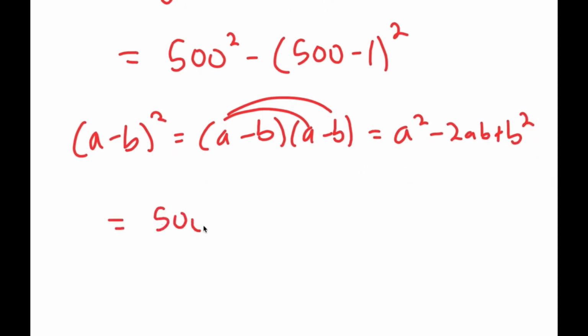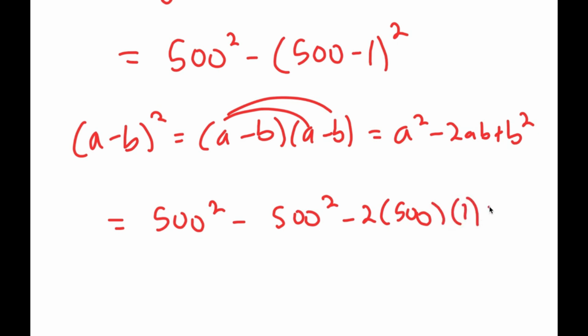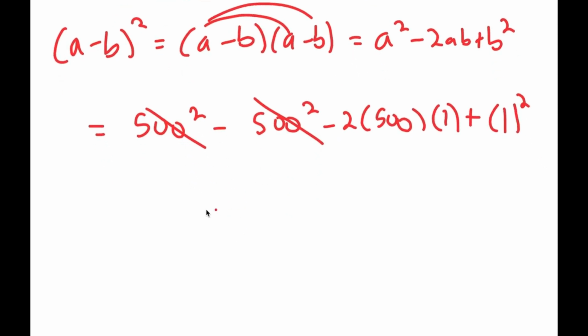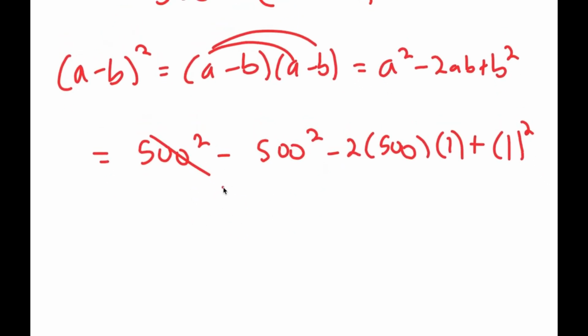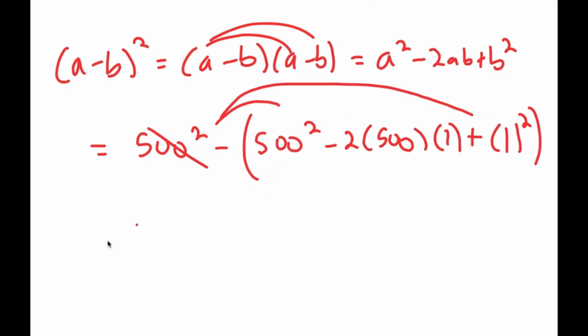So this is going to turn into 500 squared minus 2 times 500 times 1 plus b squared, which is 1 squared. However, this is actually going to be in parentheses, so the negative sign distributes.